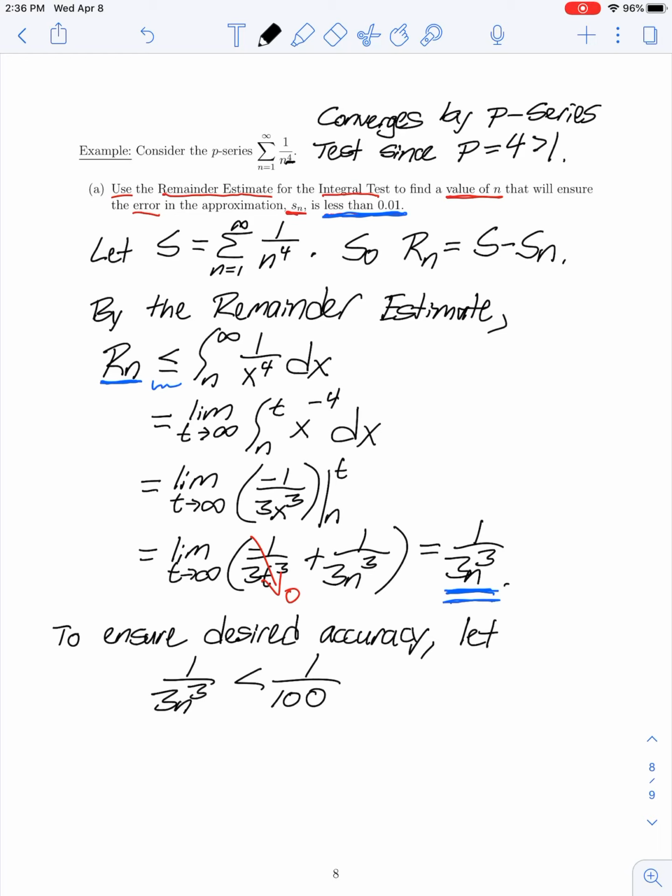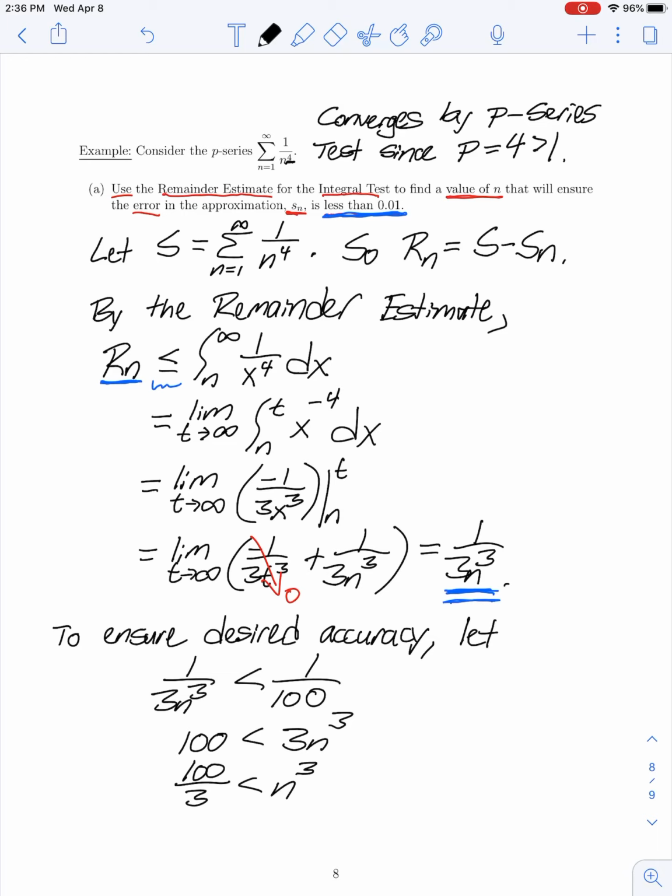So what that means, if I cross multiply here, I need 100 to be less than 3n cubed, or 100 over 3 to be less than n cubed.